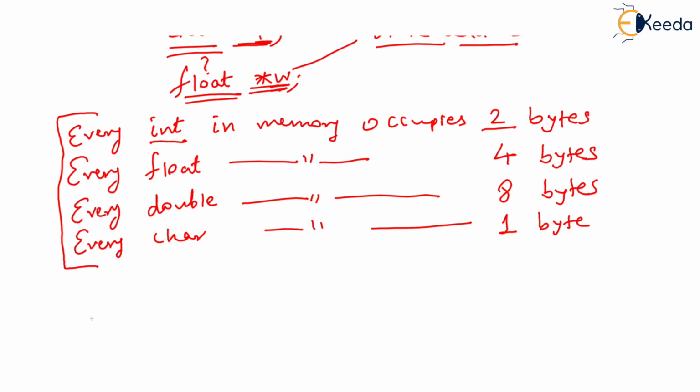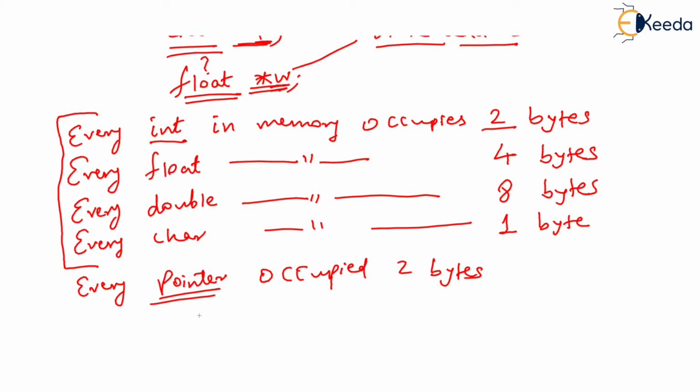But the lesson in this video is that every pointer, just check my words, let that be int pointer, float pointer, char pointer, any kind of pointer, always occupies or requires 2 bytes.